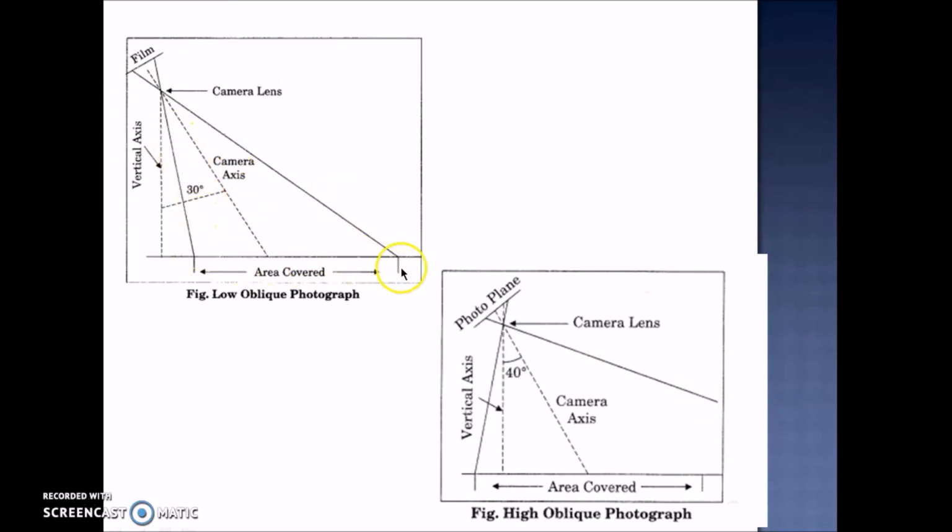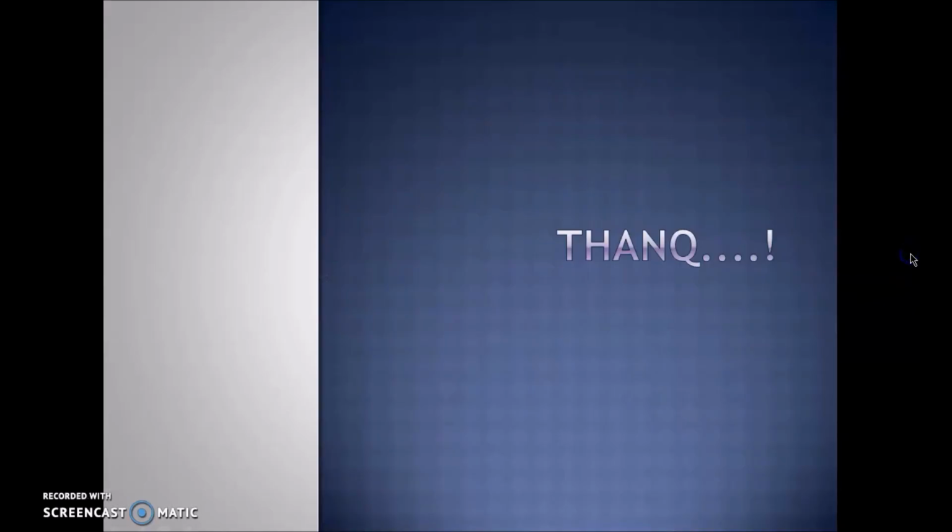If the camera line is exactly coinciding with the area where we have to take the photograph, the entire land, this is the area covered. If the horizon appears, then we call it high oblique. If there is no horizon, we call it low oblique photography.